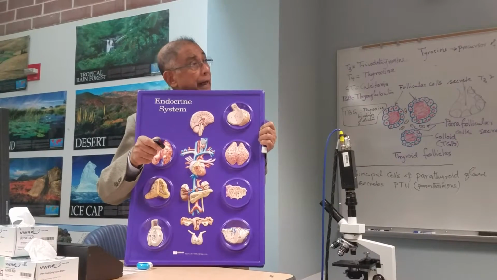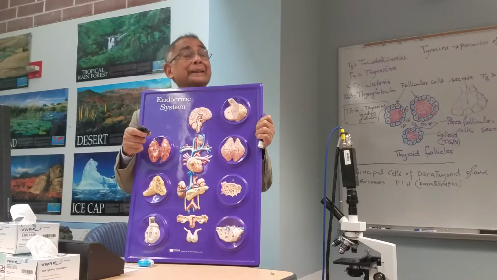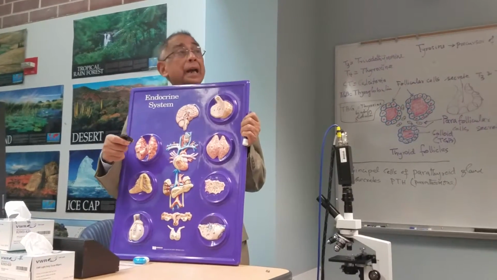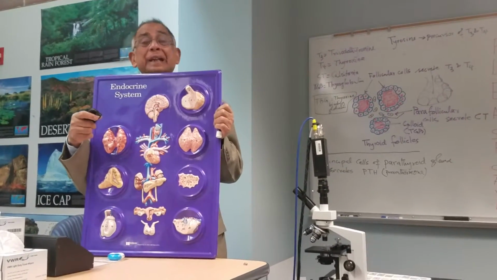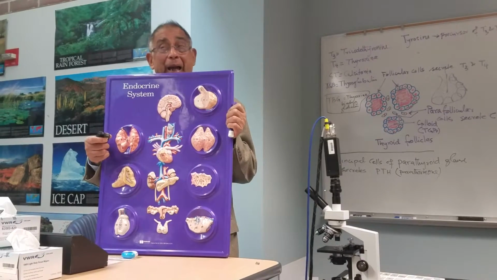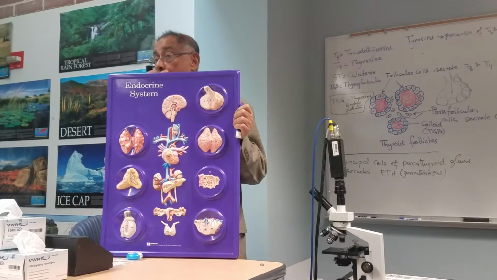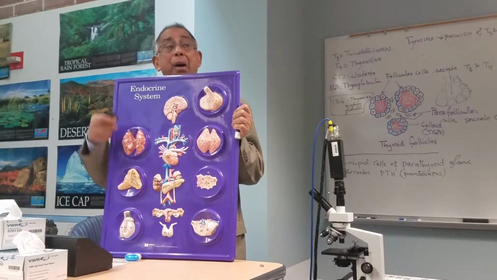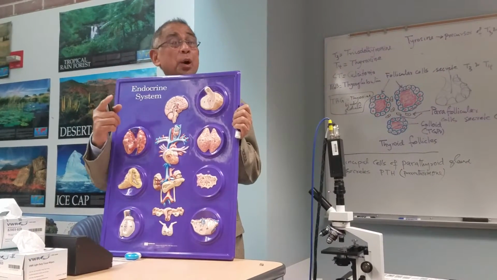Now, since the anterior pituitary secretes the hormones that control the activities of other endocrine glands in the body, the anterior pituitary is regarded as the master endocrine gland. The secretion of pituitary hormones is controlled by the hypothalamus by two types of hormones called releasing and inhibiting hormones.